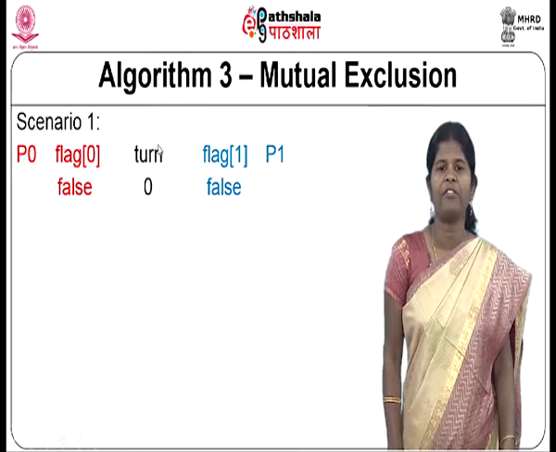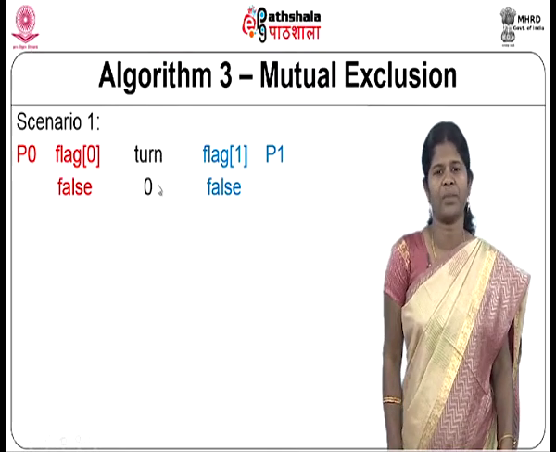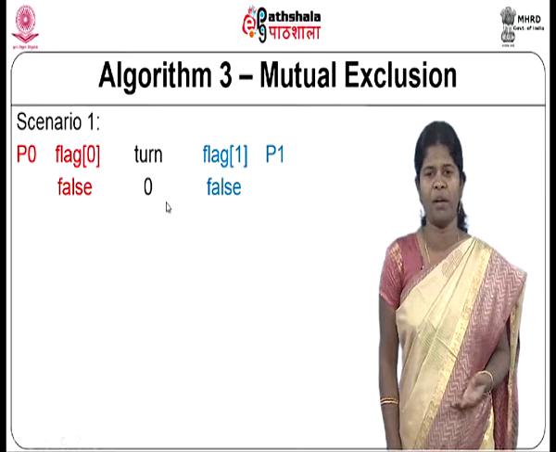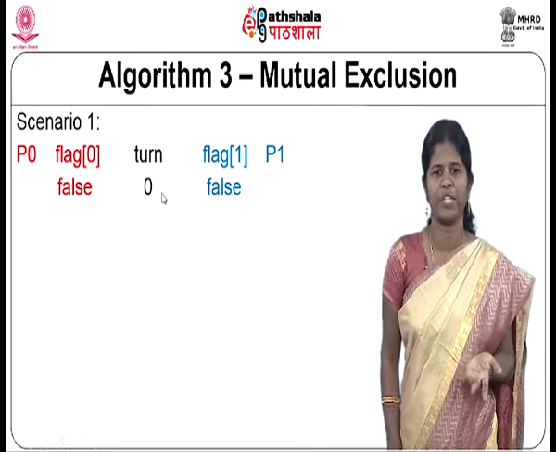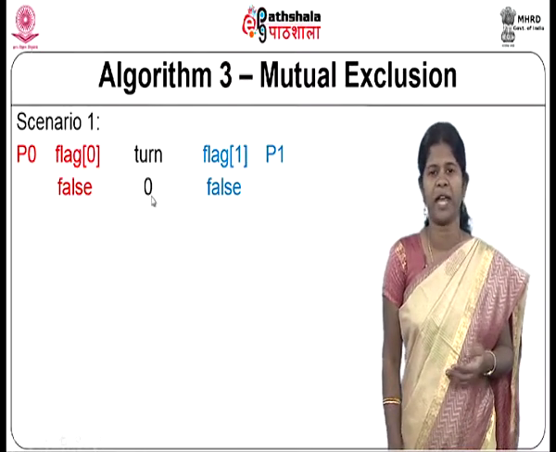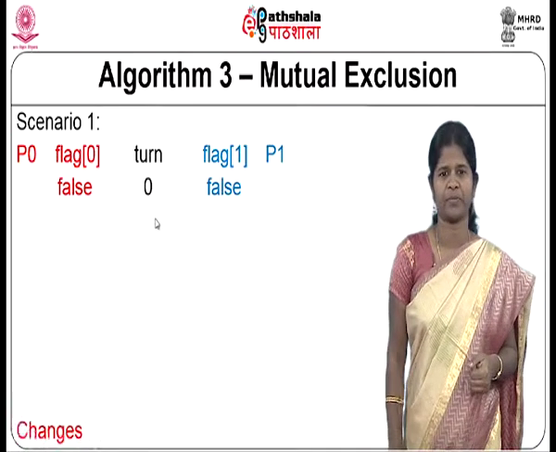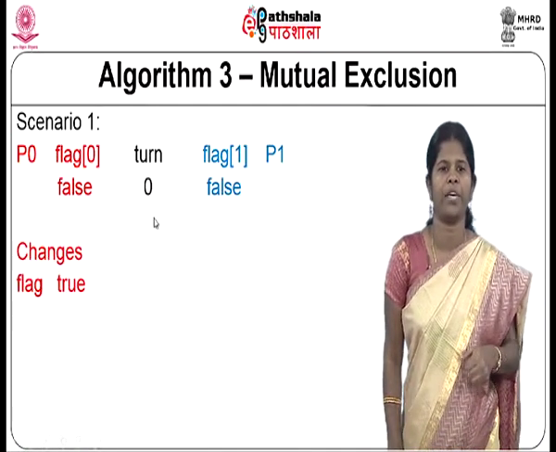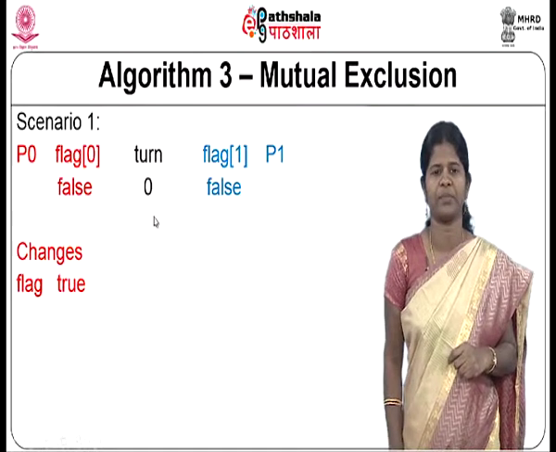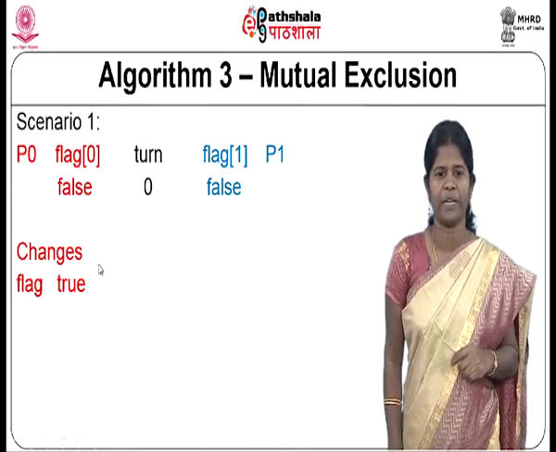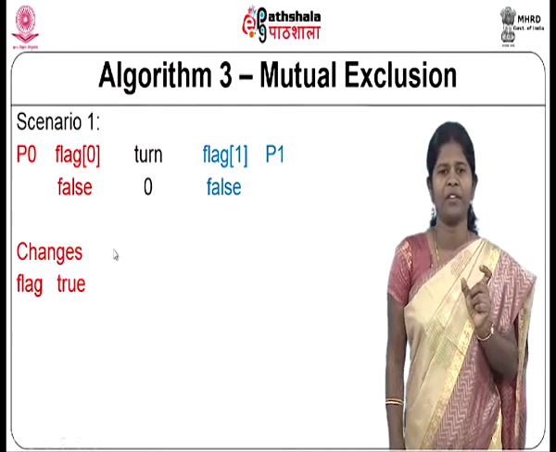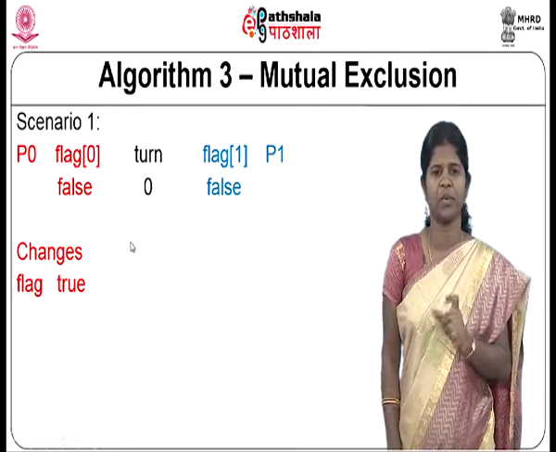And then for turn, the initial value can be either 0 or 1. You can set it to 0. Here I just assume that it is set to 0. And now P naught wants to enter the critical section. So, what does P naught do? There is a statement, flag of i is equal to true.